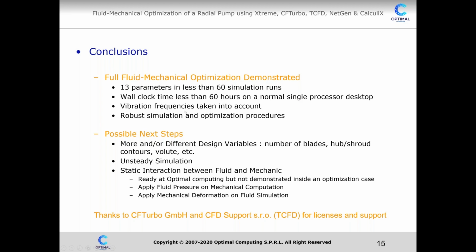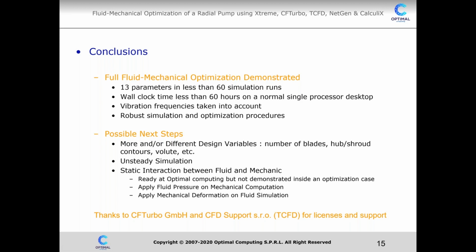We were able to take into account the vibration frequencies, and you saw that both the simulation and the optimization are robust altogether. And I think it shows you quite important optimization results. However, it could be better.